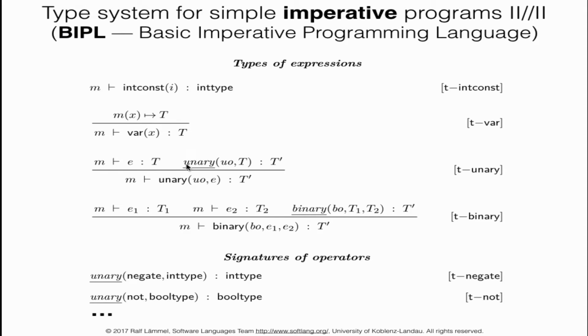And for unary expressions, we determine the type of the operand, and then we use some auxiliary judgment, unary underlined, to check that the operator at hand, for example, logical negation or integer negation, fits with the operand type, and we also delegate to this judgment to compute the resulting type. And the treatment of binary expressions would be exactly the same.